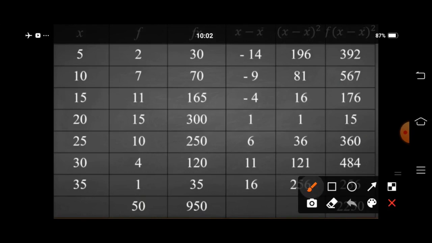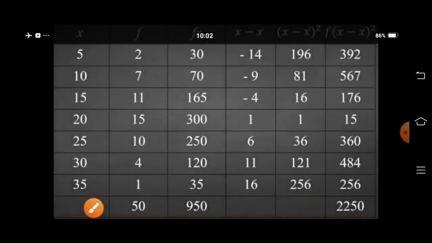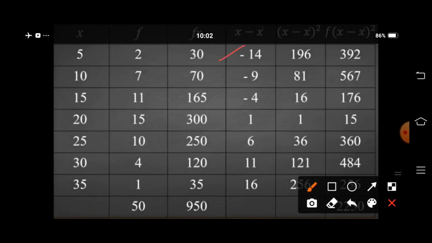You know very well, x minus x bar: x is here 5, and from it we subtract the mean, which we have already found to be 19. So 5 minus 19 is minus 14, 10 minus 19 is minus 9, 15 minus 19 is minus 4, 20 minus 19 is 1, 25 minus 19 is 6, 30 minus 19 is 11, 35 minus 19 is 16.